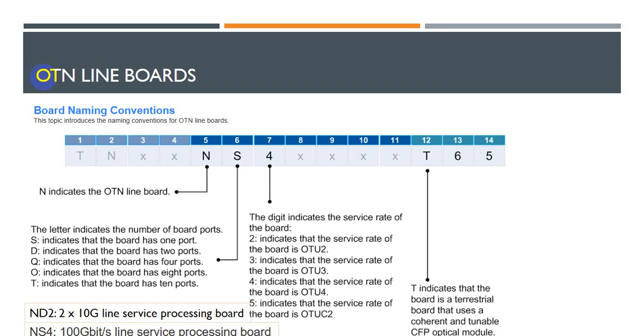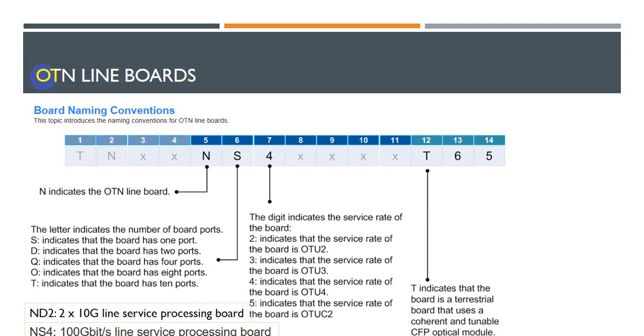That functionality is divided into two parts: line boards, which are used to send the total signal in the transport layer, and the client layer, which is called tributary boards, which we will come to know later on.